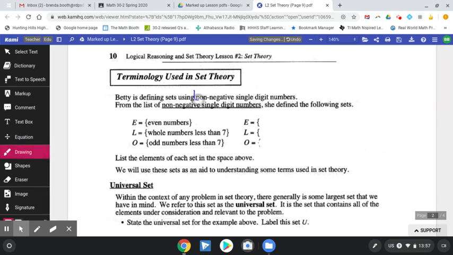So non-negative single-digit numbers, let's write out the elements in that set. That would include 0. Remember, non-negative is just a way of saying positive single-digit numbers. So 0, 1, 2, 3, and we would keep on going right to 9, but that would be it.